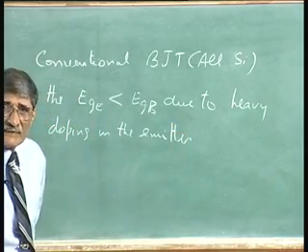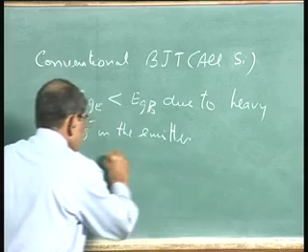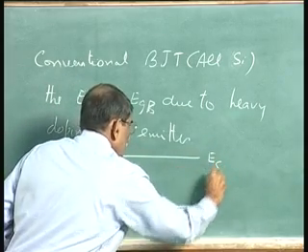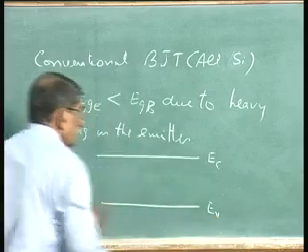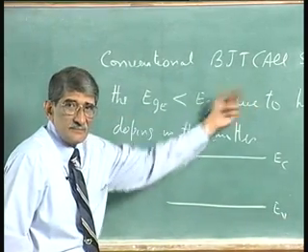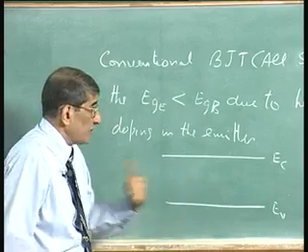Just to point out what it is, just draw the energy band diagram. This is not a heterojunction, all silicon, still your band gap in the emitter is smaller because of the heavy doping effect.